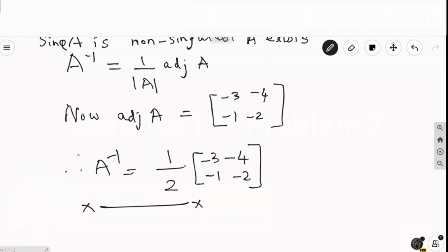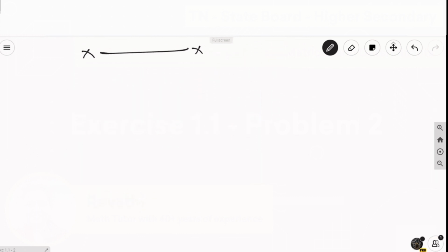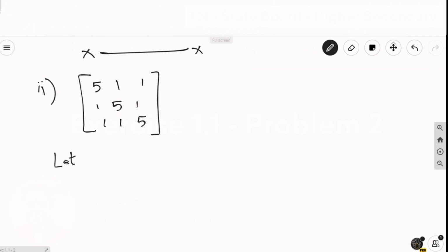Let us see the next sum. This will be a 3 into 3 matrix. So let A be equal to the given matrix. Now this is a 3 into 3 matrix.